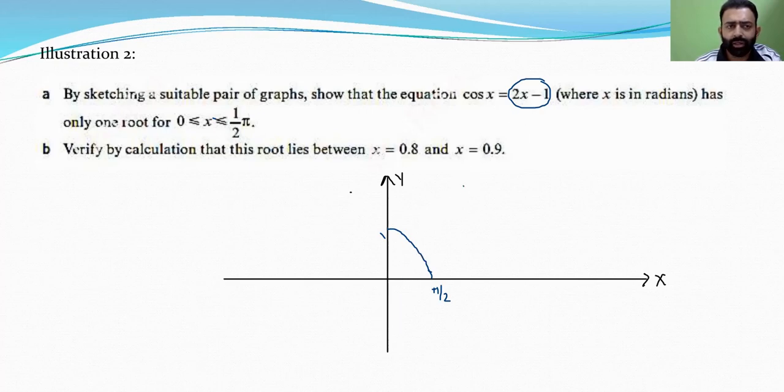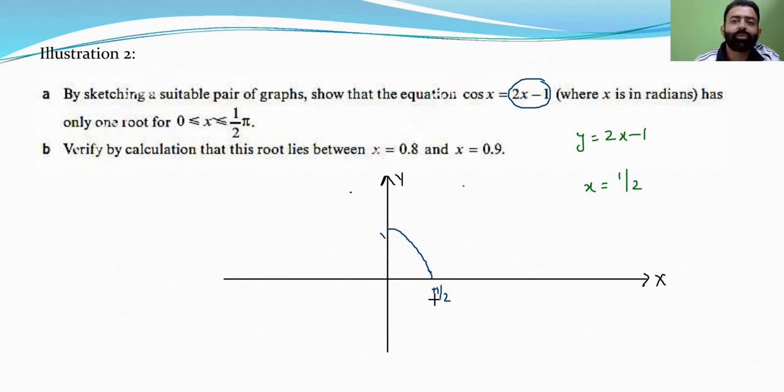And if you have to find out the solution of this, what is the x-intercept? By putting y equal to 0 in y equal to 2x minus 1, you will get x as half. So x-intercept is half, which is 0.5. I am finding out whether I have to draw the graph of y equal to 2x minus 1 below this pi by 2, or after this pi by 2.